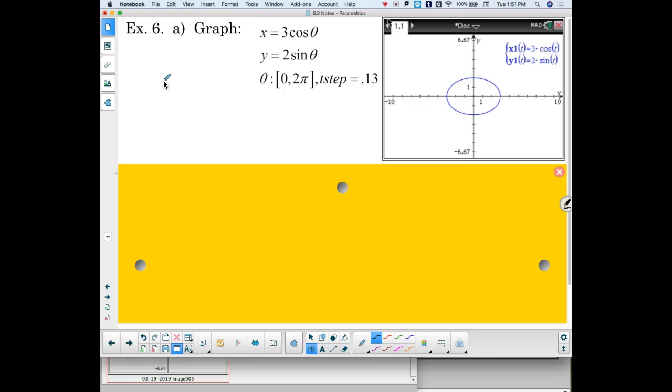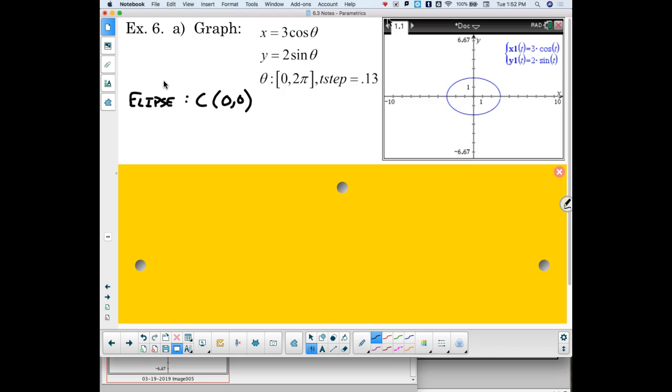It's centered at the origin. Very good. It does have a center, and its center is at the origin. What else can you tell me about the ellipse? I need some more information, because that really doesn't tell me much.